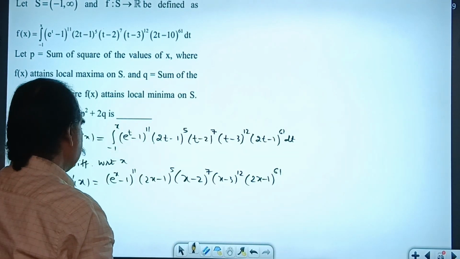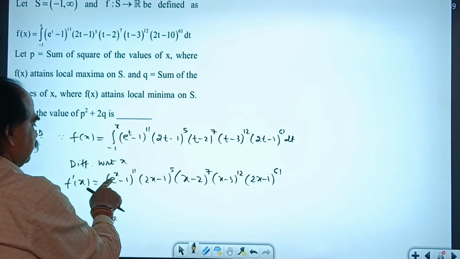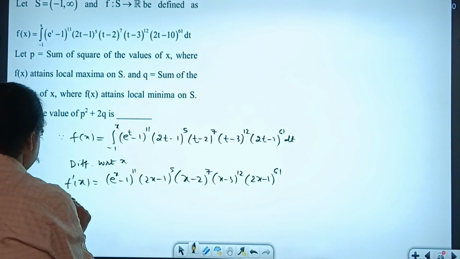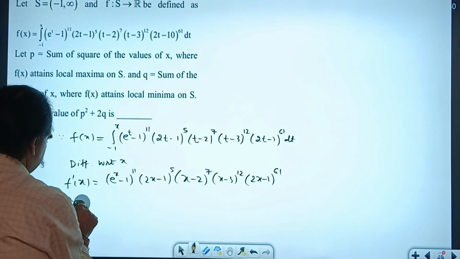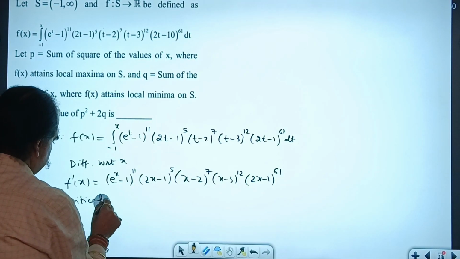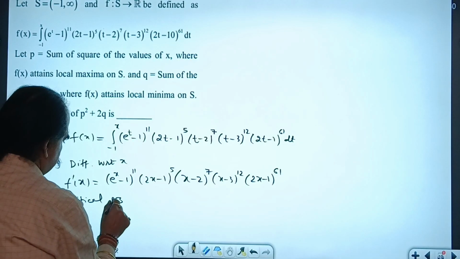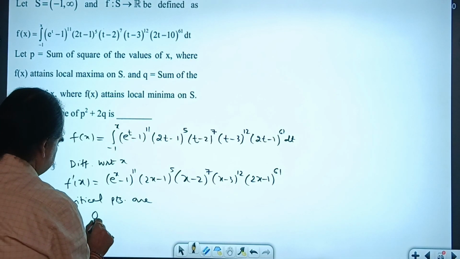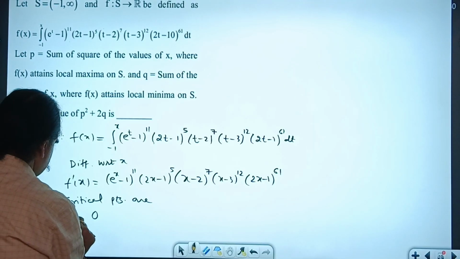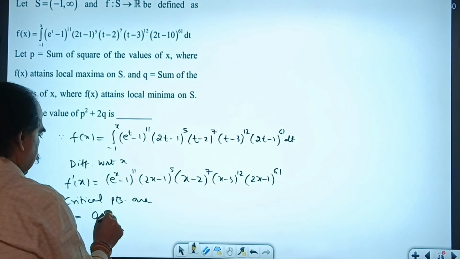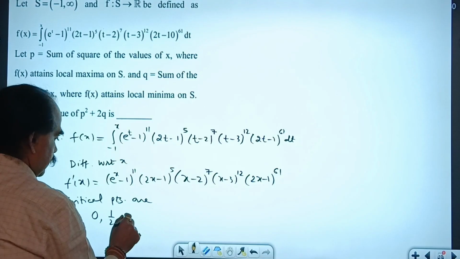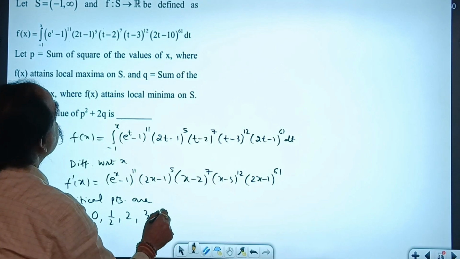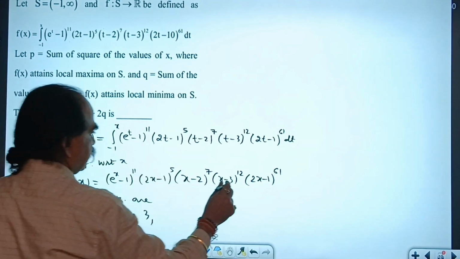So critical points will be what? This will be 0 when x is 0, half, 2, 3, 5. Sorry, 2x minus 10.